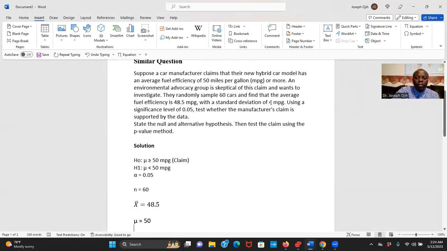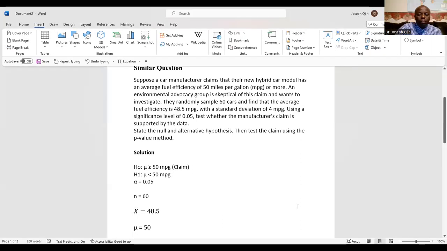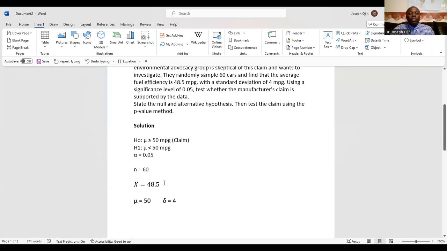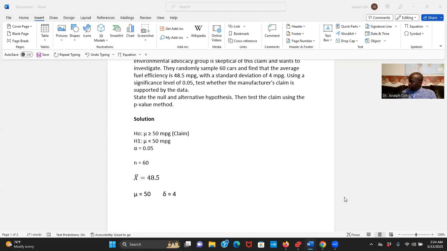The standard deviation is 4 miles per gallon. So now with this, we can plug it into the formula to get the test statistic, after which we get our p-value.